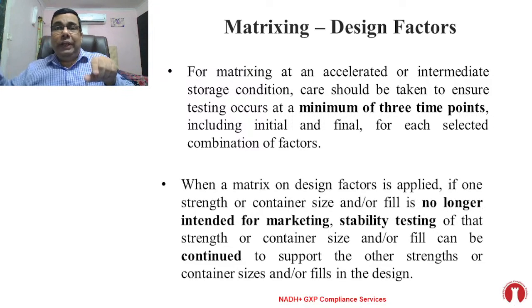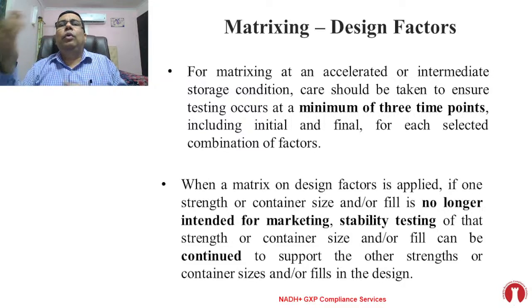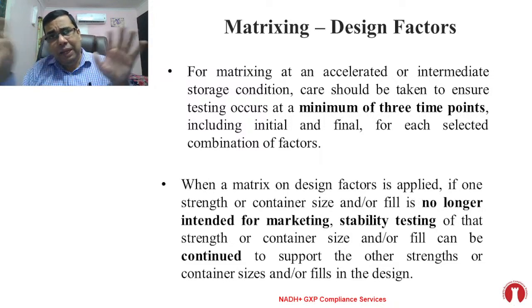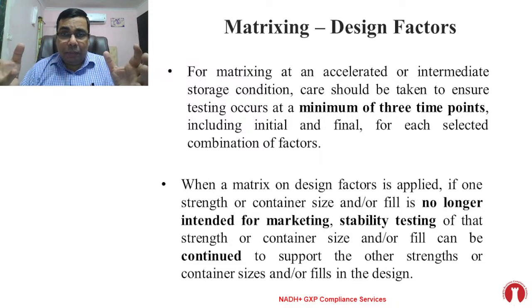So when you want to reduce the testing, you need to ensure that initial means 0 and 36, all batches should be tested, and in between you can have testing at 12 months, so that at least 3 time points are tested completely. Then the remaining, like 3, 6, 9, 24, these 4 stations you can change or reduce the testing under the requirement for matrixing purpose.